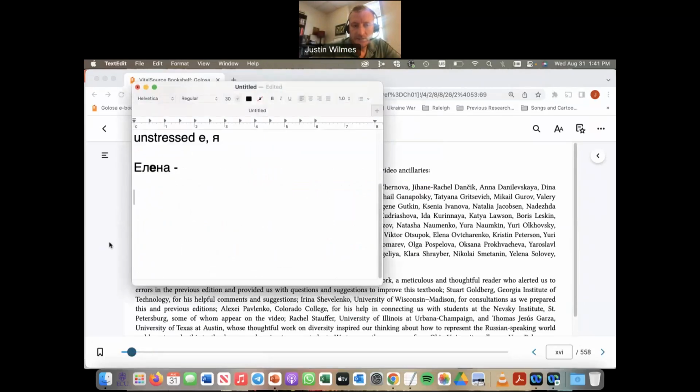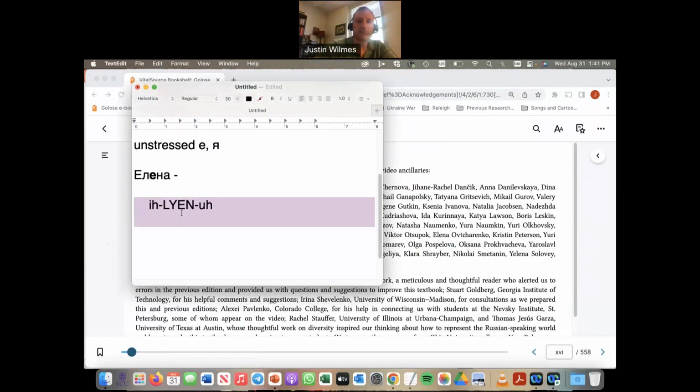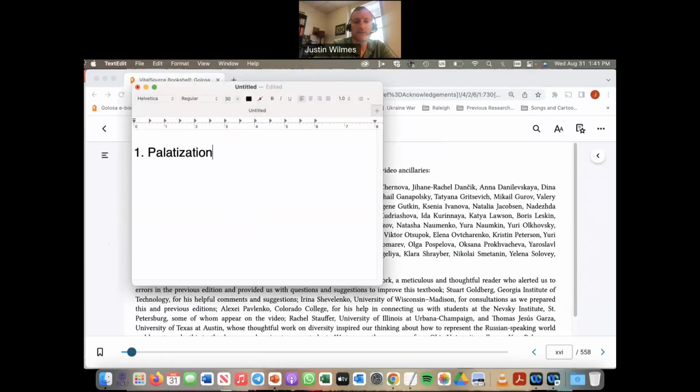So again, that's a little bit next level, more challenging phonetic stuff. But again, we have these 2 rules: palatalization and vowel reduction.